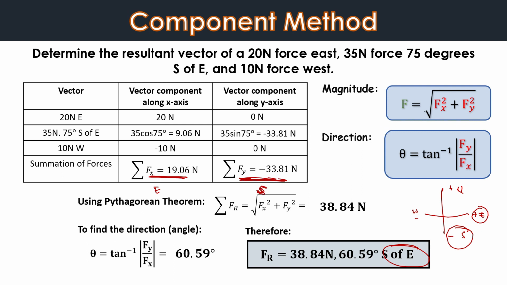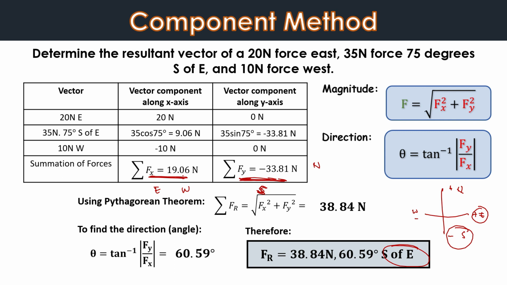Pero mauna yung y-axis direction. So yun muna mauna, and then followed by the x-axis direction. So south of east. So ganun din, kung yung y-axis natin ay positive, edi syempre ito ay magiging north. Kung naging negative naman itong x-axis, edi magiging west.